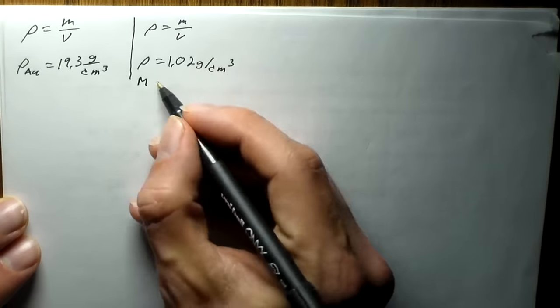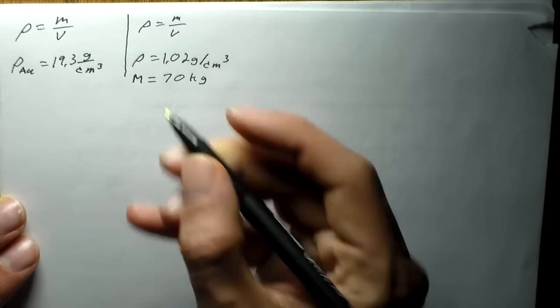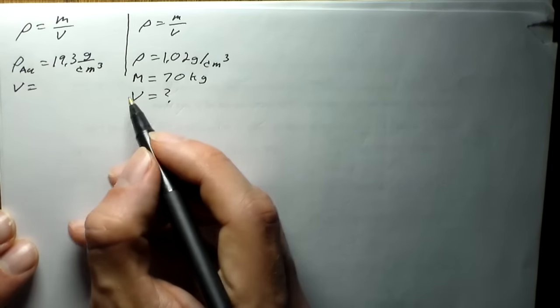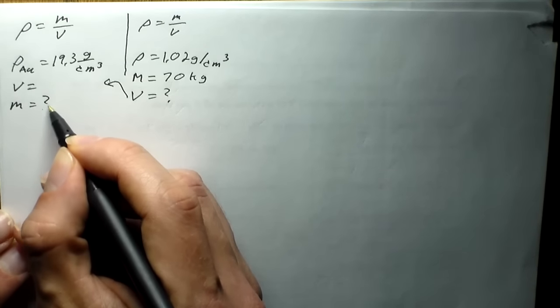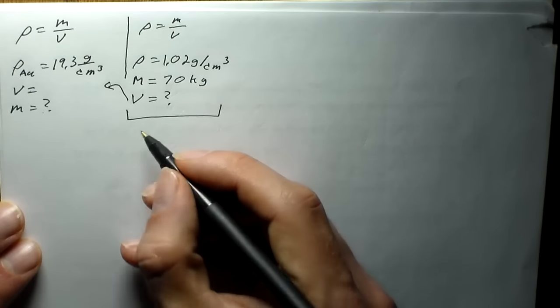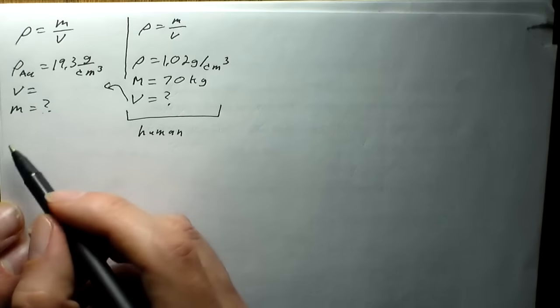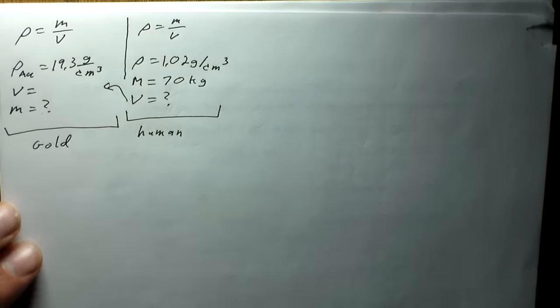The mass of your person is going to be 70 kilograms, and we need to know what the volume is. Then we're going to use that same volume over here and figure out the mass. So all this data here is for the human, and this data over here is for the gold.